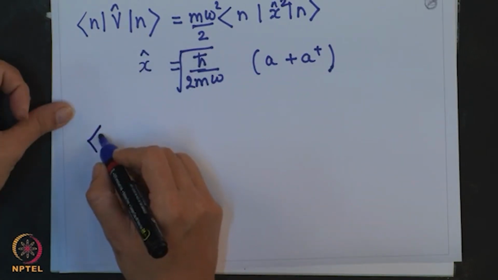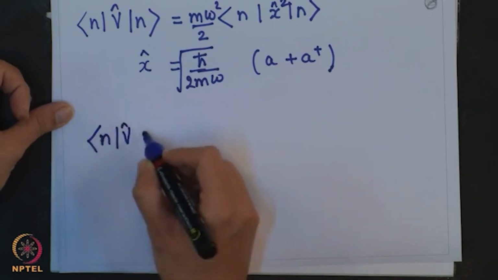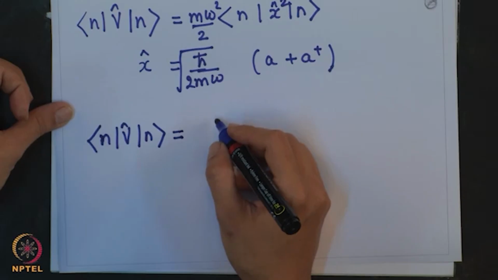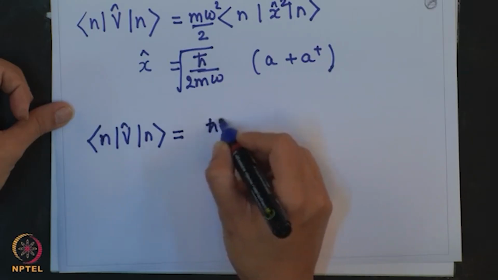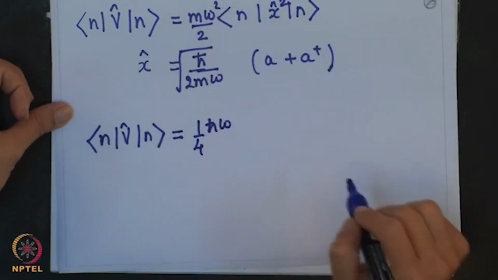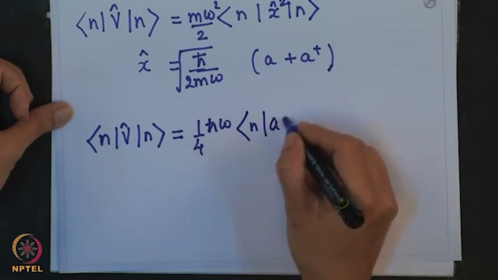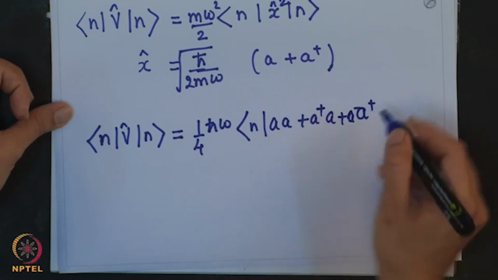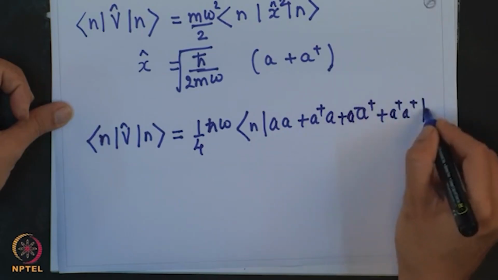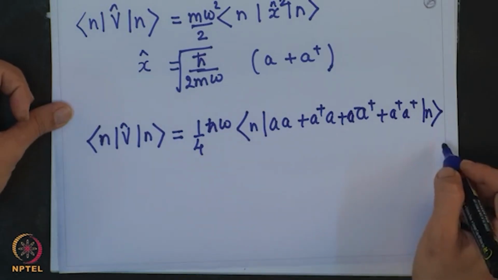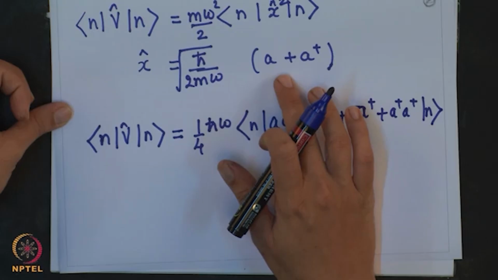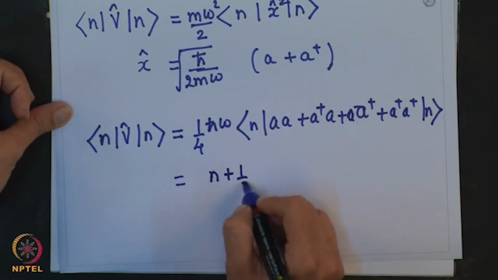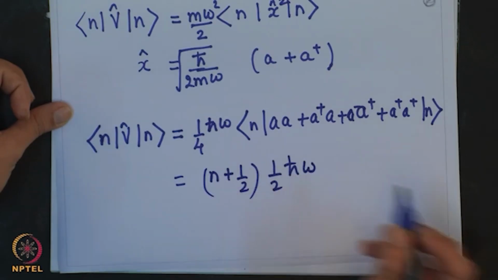So, the matrix element would look like this. I will try to write it in a simplified form. If in doubt, please check once. h cross omega by 4, after doing all this, would give a plus a dagger times a plus a dagger, between n and n. This is what you obtain by taking the square of the position operator. Again, what I obtain here is the same as the previous result.